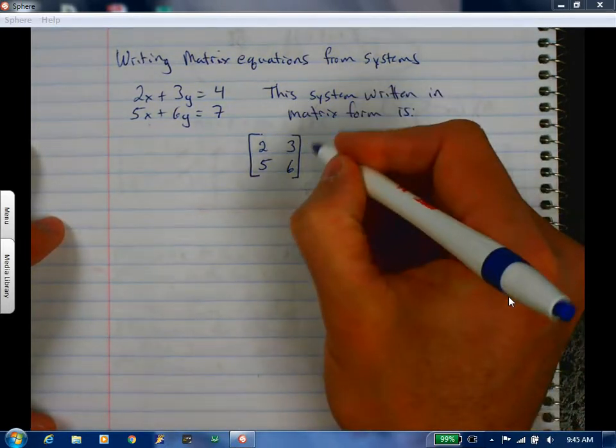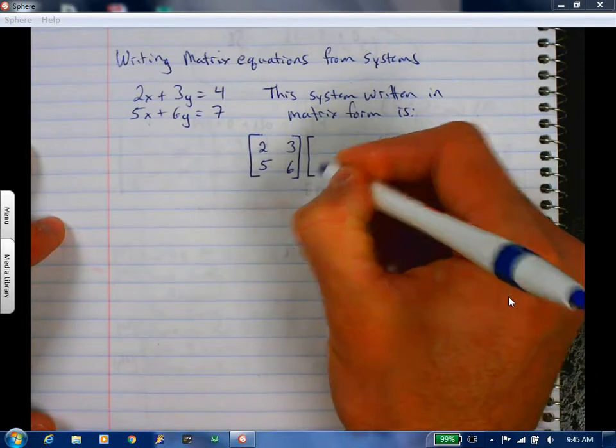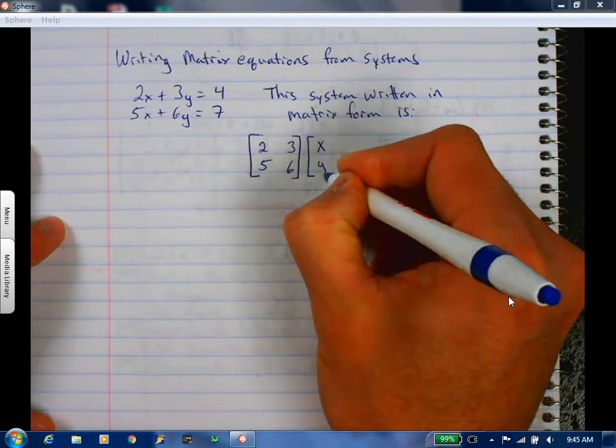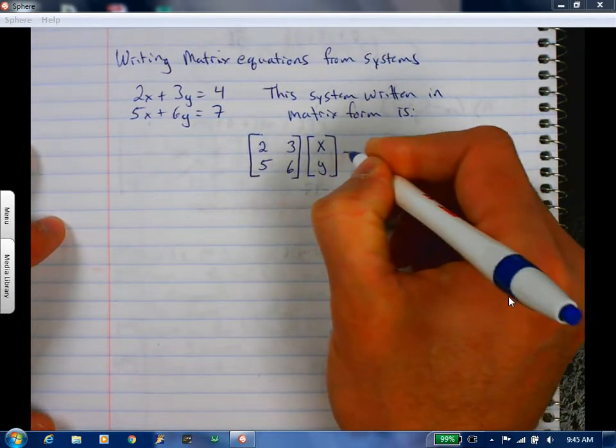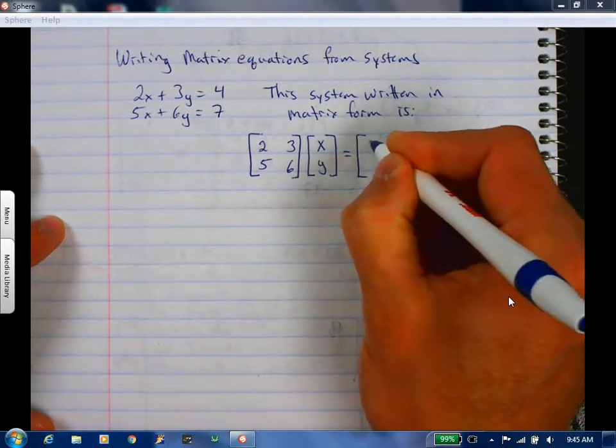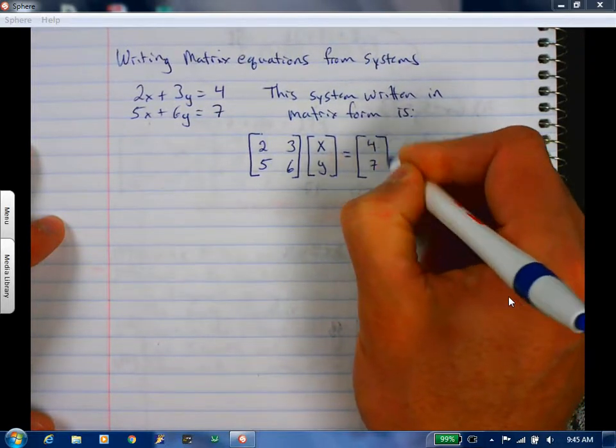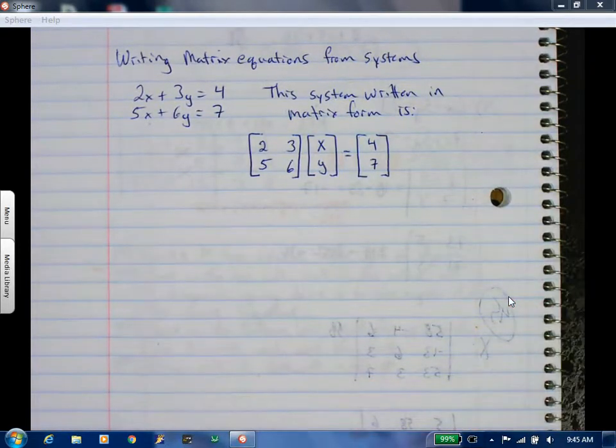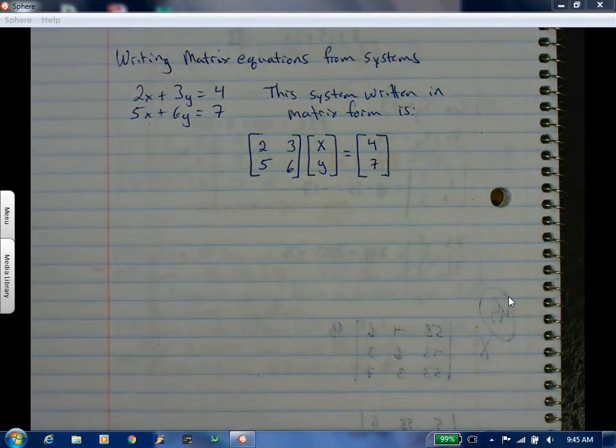We're going to multiply it by our variables, x and y, and it's going to equal our solutions 4 and 7. So coefficient matrix times a variable matrix equals a solution matrix.